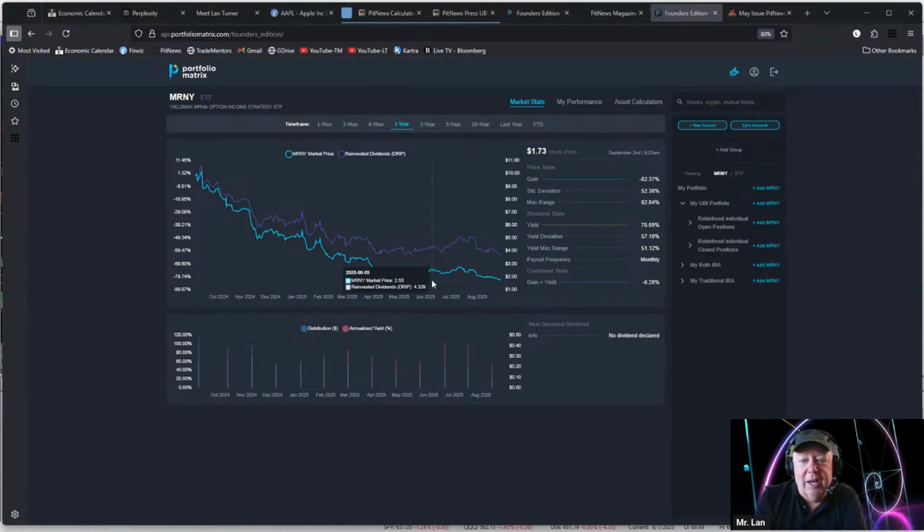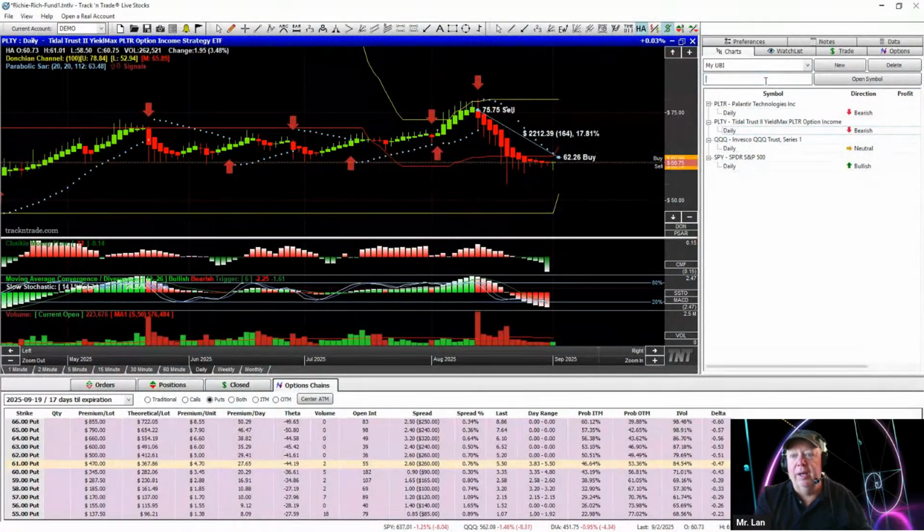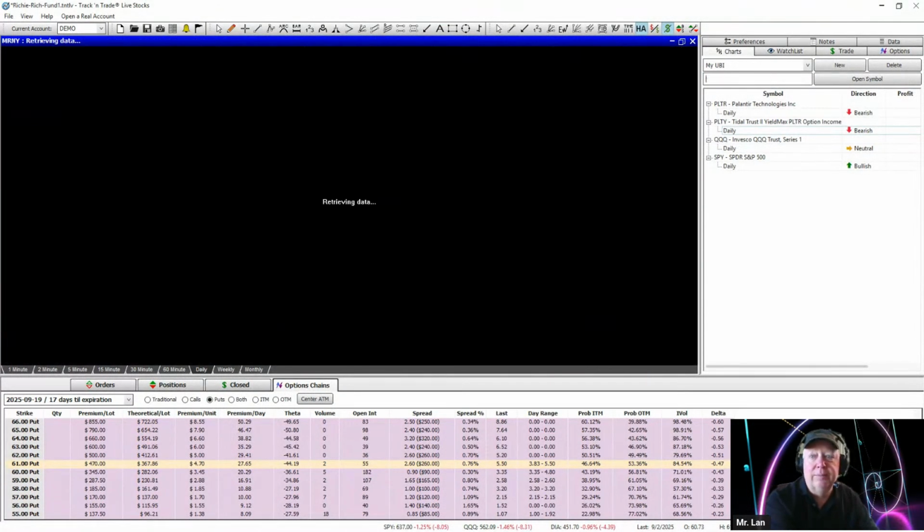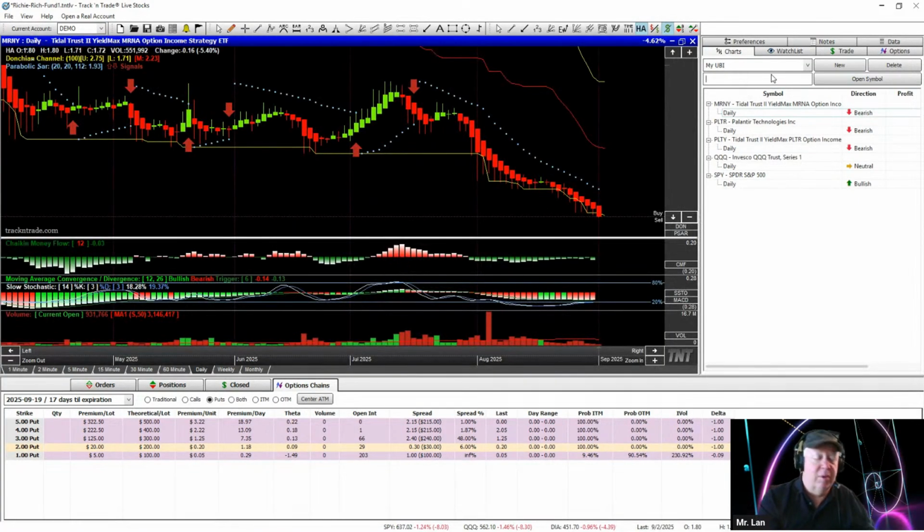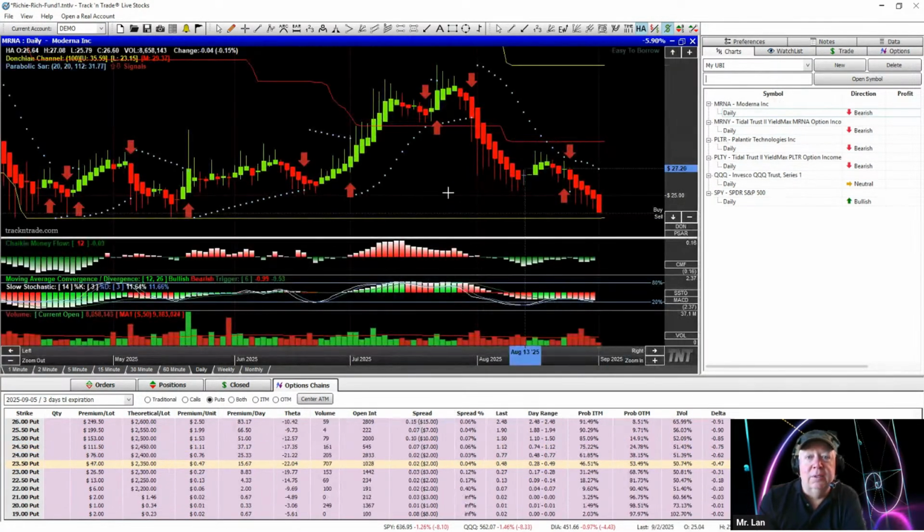I started buying based on technical analysis of MRNY. Actually, not MRNY, look at that, mRNA. So right in here, I bought some mRNA, thinking that this thing was going to make some good returns for us. And it didn't. It flushed right back down.